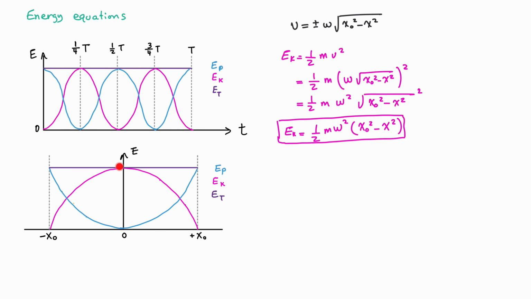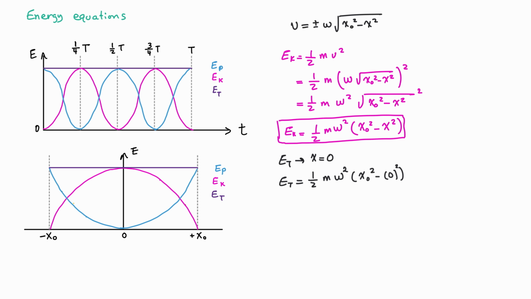So I can figure out what the total energy is, and that's when the kinetic energy is at the position of 0. So for total energy, we know that it happens when the position is at the equilibrium position. So we can find that as ET is equal to 1/2 mass times the angular velocity squared times the amplitude squared minus the position here, which is 0 squared.